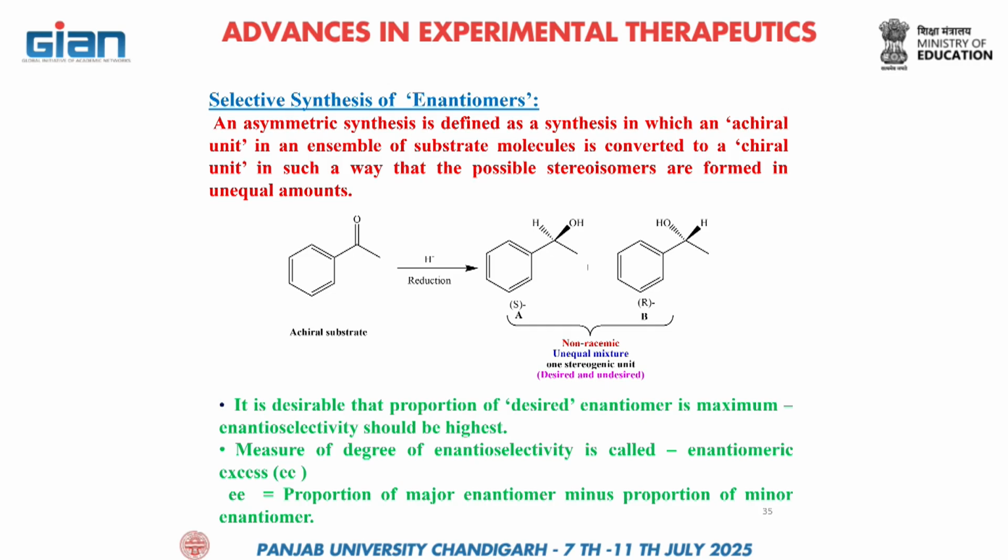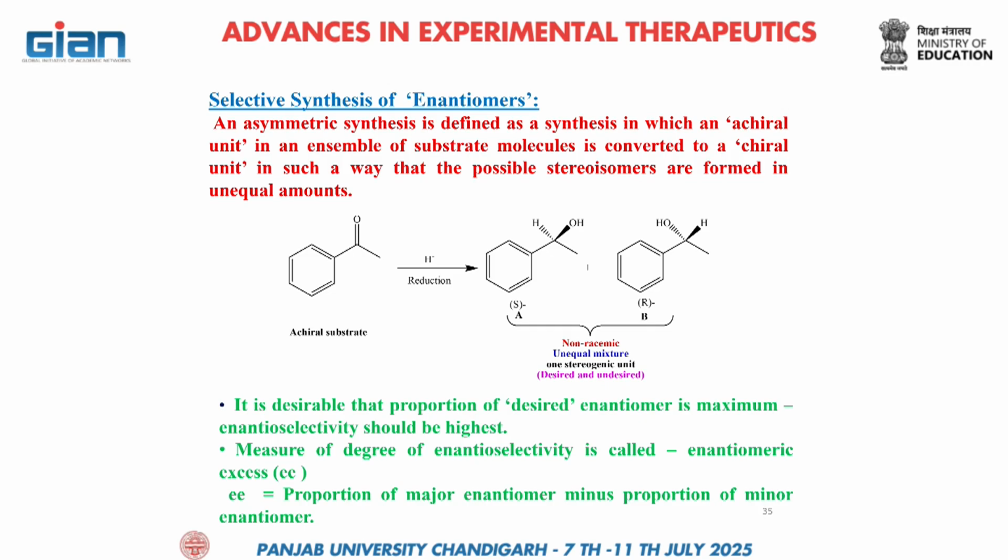Now if you see, you are getting two enantiomers, that is S or R. But what we have written below is non-racemic, unequal mixture. So how do you plan such a synthesis where the possibility generally is 50-50, but you are forcing the reaction so that this possibility should be unequal?